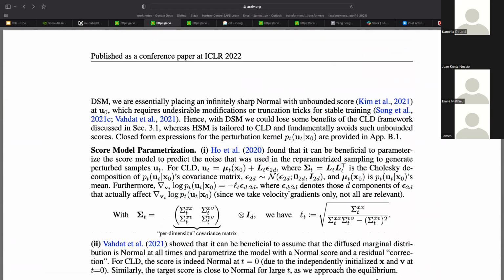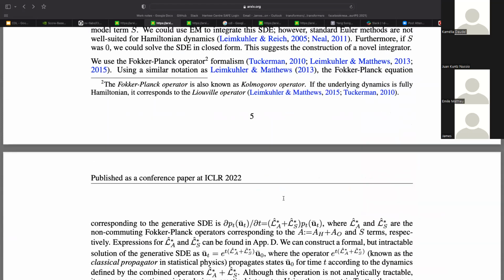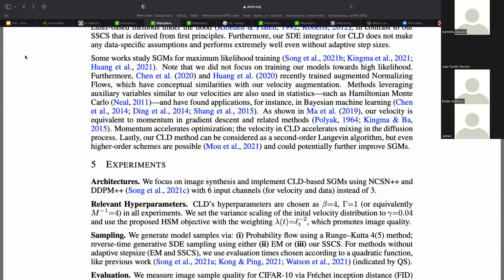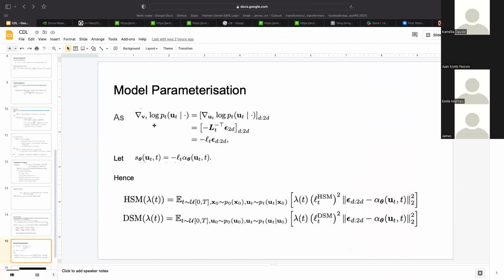Let me find it in the paper. Okay, I'll ignore that for now. So here they set the score to be scaled by essentially the standard deviation of your Gaussian plus the neural network alpha theta. This alpha theta is actually a correction on the Gaussian anyway.